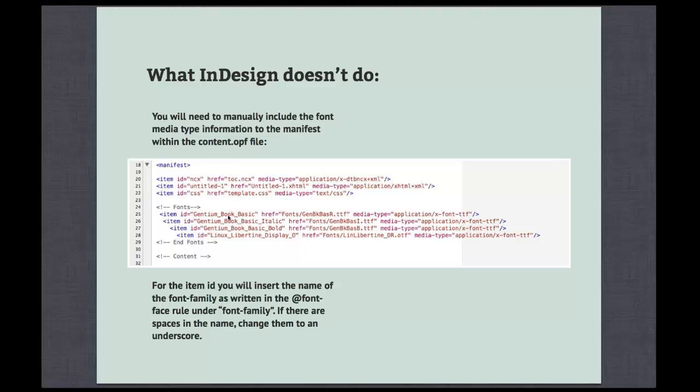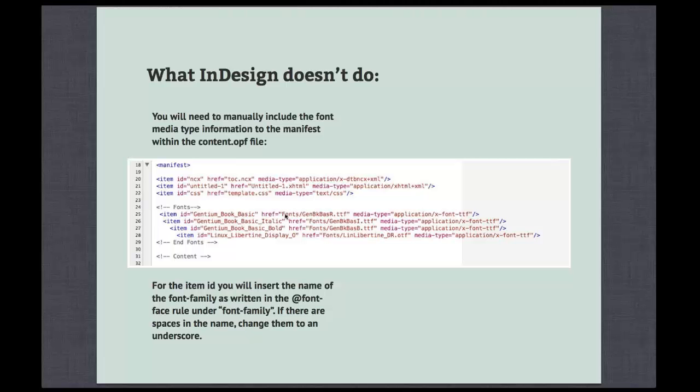As I said, this PDF slideshow you can have the slides, so you don't need to write this down, you can just take it out of the slides later on. You'll need to list each of the individual fonts that you're using, the names. If they contain spaces, then you'll put an underline, and then you'll link to the file.